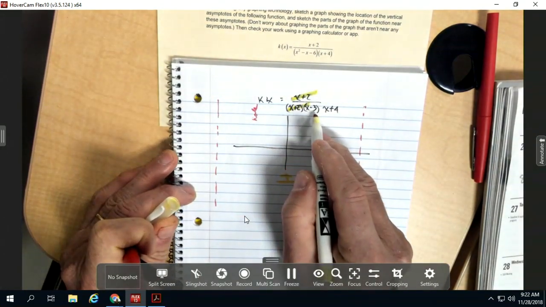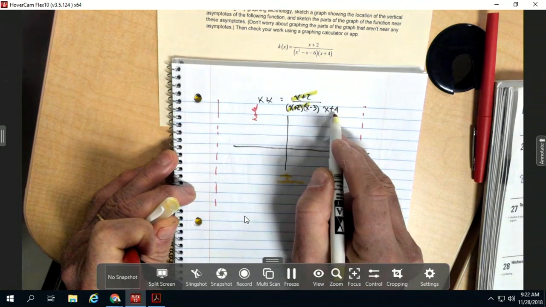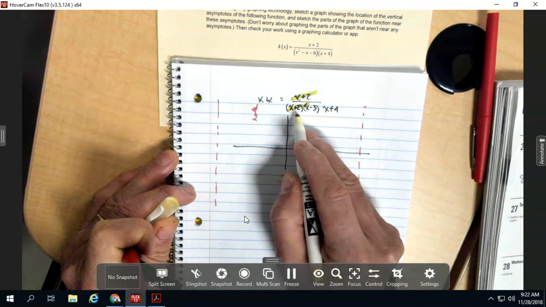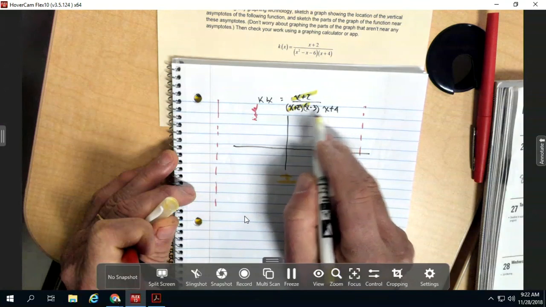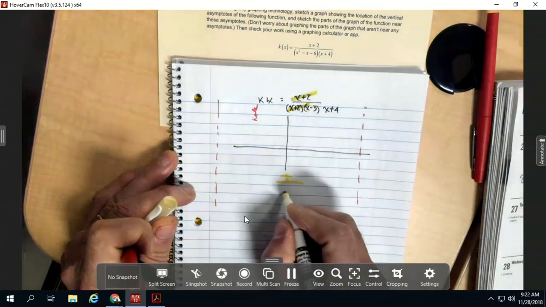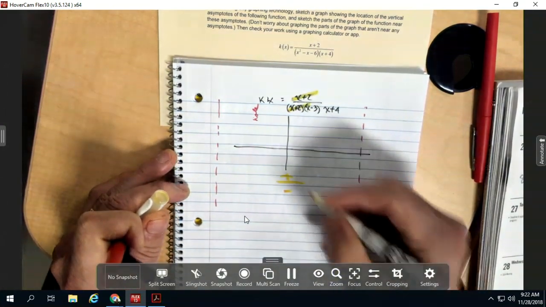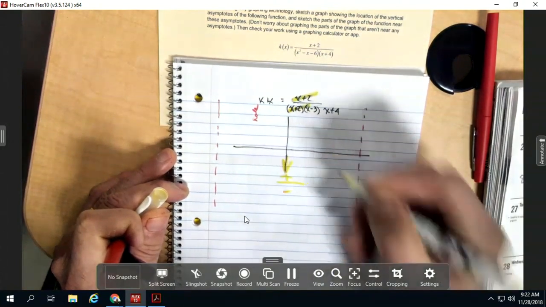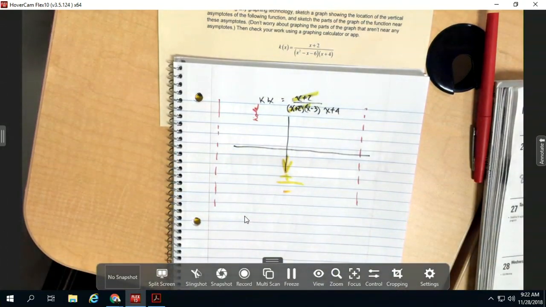This is positive. This is negative. This is positive. Positive times a negative times a positive is a negative. So you have a positive divided by a negative, which means that at 0, we're below the line y equals 0.